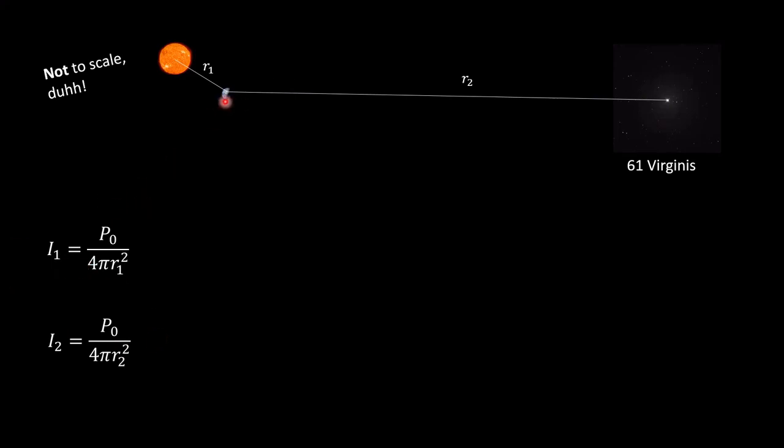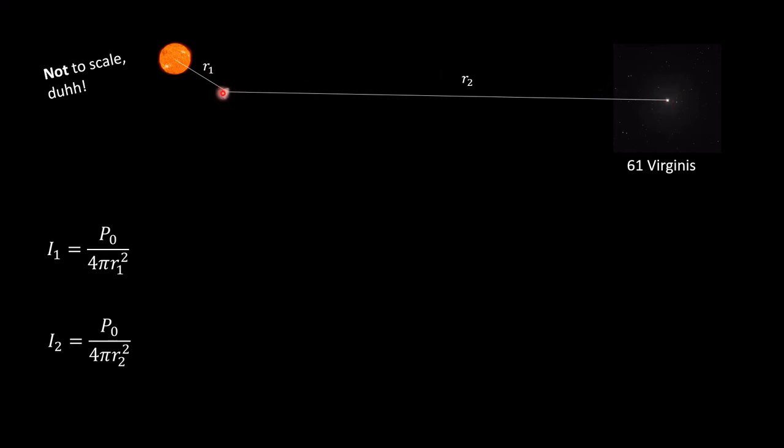Okay, let me clarify what I mean here. I1 is going to be the intensity at the Earth from the sun's light. So I1 is how intense the sun's light is when it reaches us. This is that 1 astronomical unit, 150 million kilometers. I2 will be the intensity of 61 Virginis's starlight by the time it reaches us.